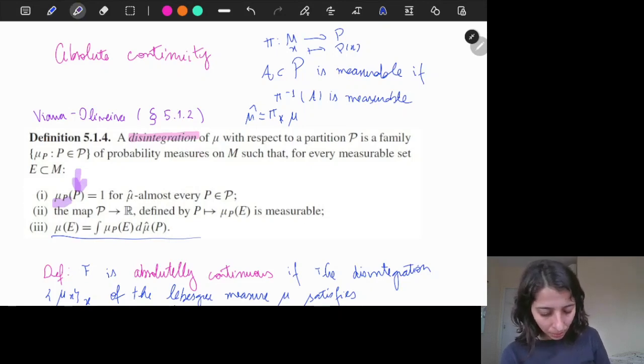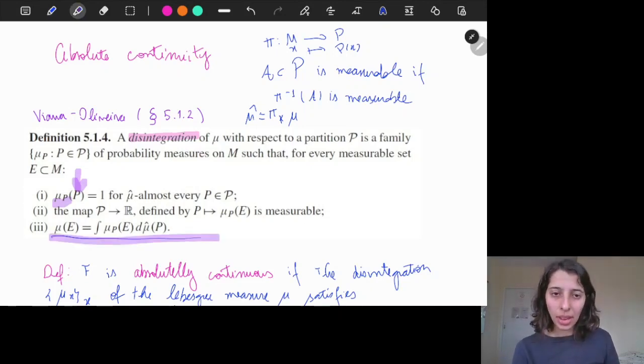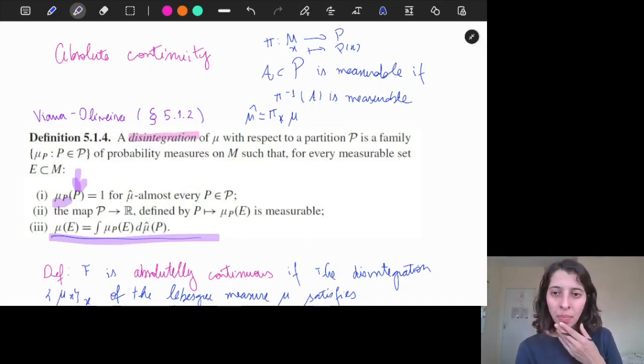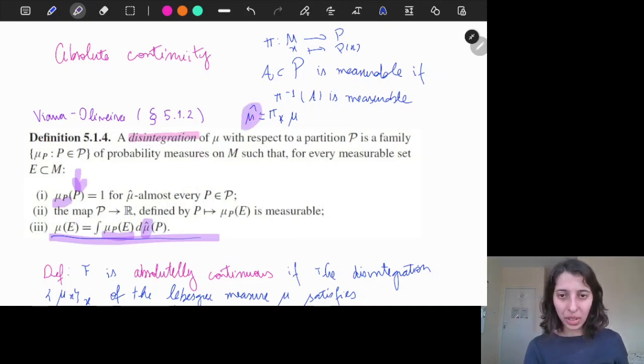We can decompose the integration of a given set E or of a given function by first integrating using the conditional measures and then finally integrating using the transverse measure that is given this way. We call it the transverse measure.